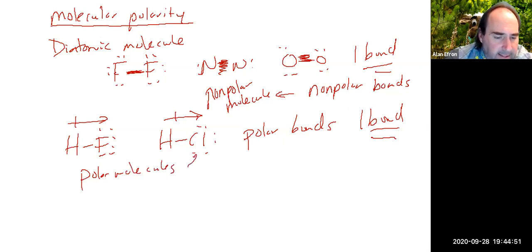Again, if you have a diatomic molecule, it's easy to figure out if the overall thing is polar or nonpolar because it only has one bond. If that bond is polar, the entire thing is polar. If that bond is nonpolar, the entire thing is going to be a nonpolar molecule. It gets more difficult when you have 3 or more atoms.